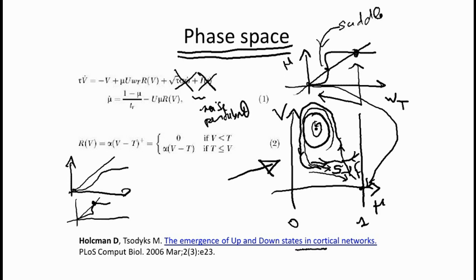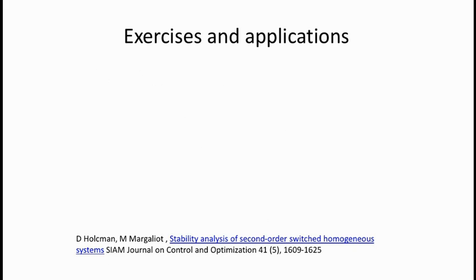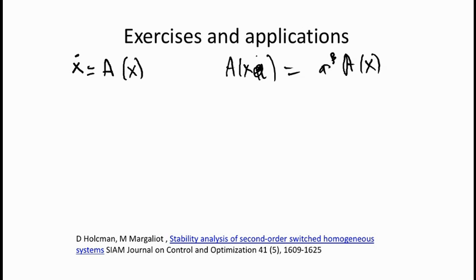And to finish, I would like to discuss an application and an exercise, which is the following. Suppose you're interested in the following question. You have here a linear or a dynamical system, which can be homogeneous of parameter beta, such that a of x multiplied by a constant a is a to the power beta a of x, or it can just be a linear system.